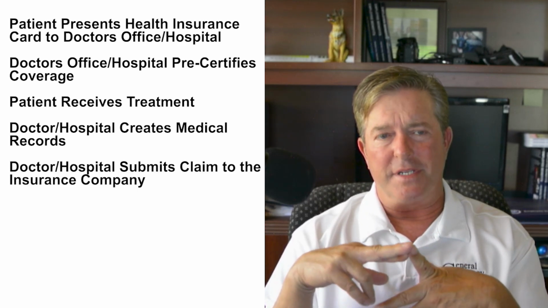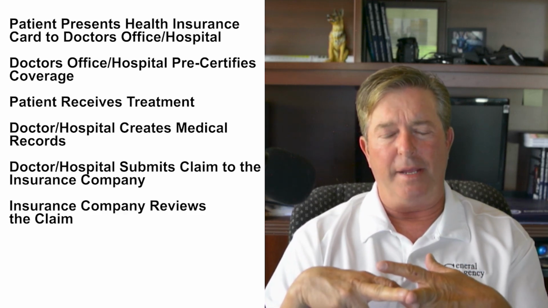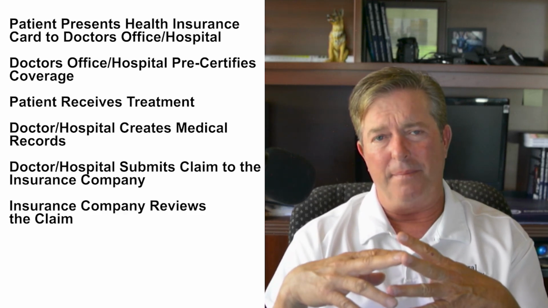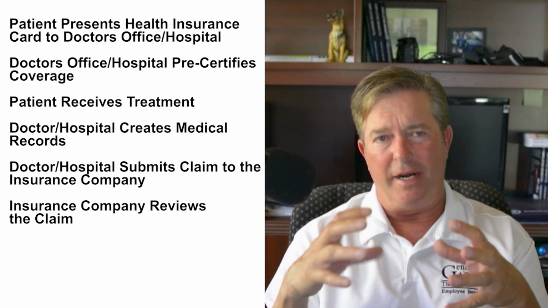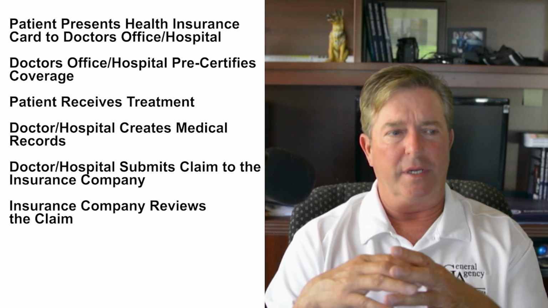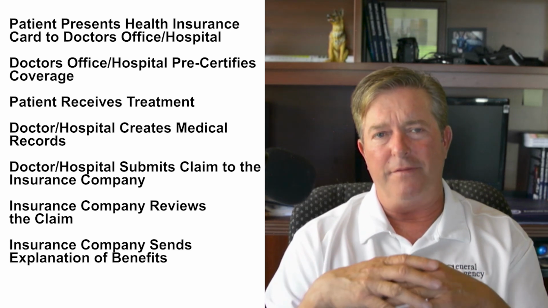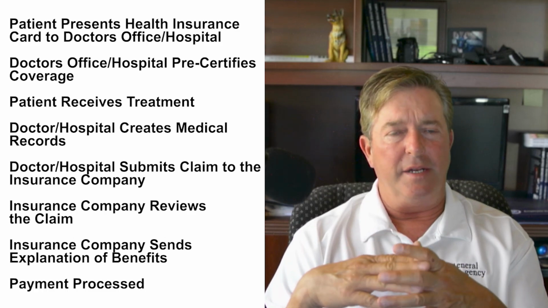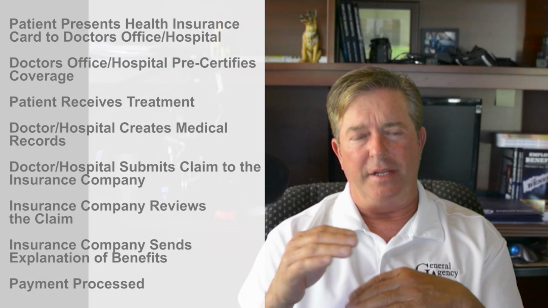The doctor's office submits a claim to the insurance company. The insurance company then reviews the claim. Sometimes this is done completely by computers, by a computer-generated algorithm, and sometimes it's actually a physical person reviewing the claim. The insurance company will then send an explanation of benefits to the patient, and then the claim is processed. So these are the steps in the claims flow process.